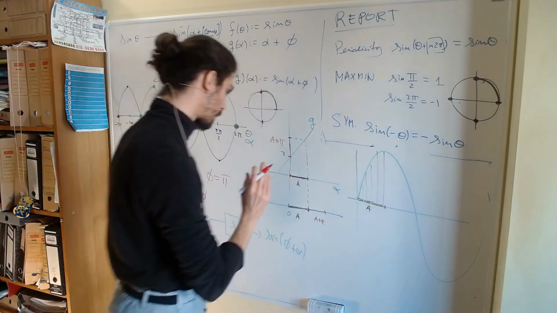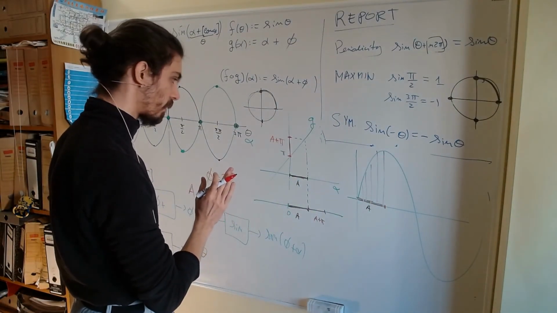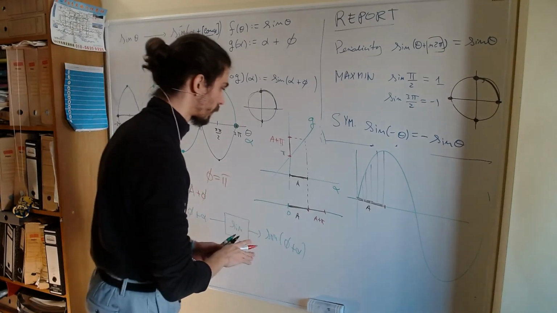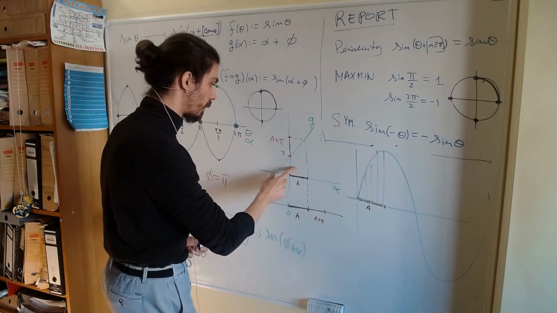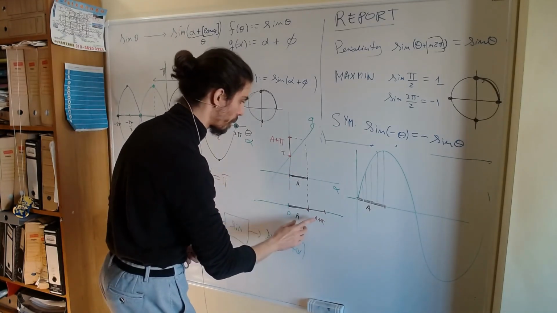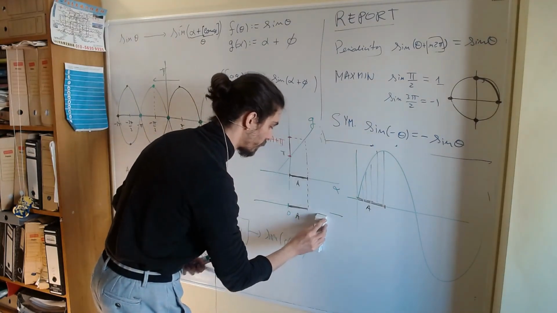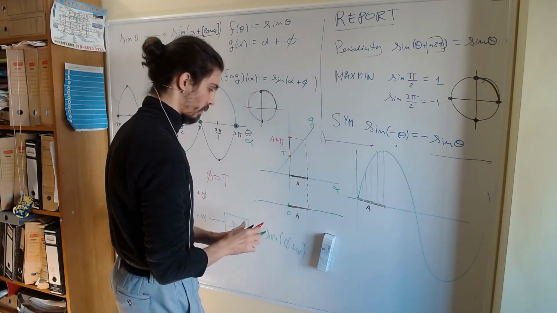I'm sorry. I must be making some mistake here. Of course. There is a mistake here. Okay. Because it starts at pi. This is not good. I'm noticing now. Okay?